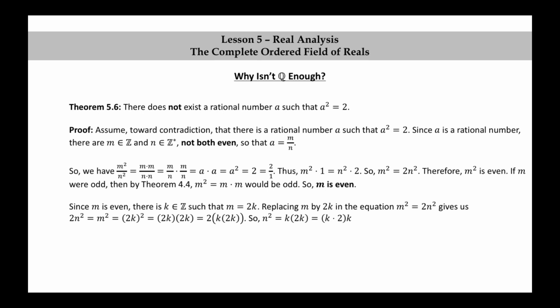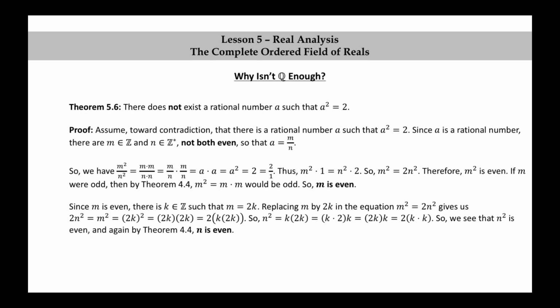And we could rewrite that as k times 2 times k, using the associativity of multiplication. And then using commutativity of multiplication, that's equal to 2k times k. And again, using associativity of multiplication, that's equal to 2 times k times k. So we see that n squared is even.